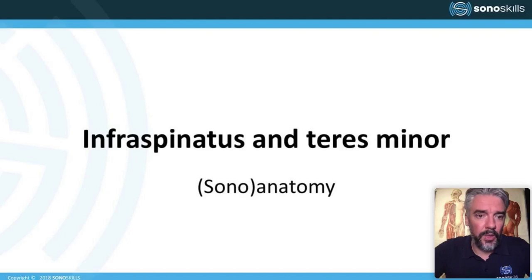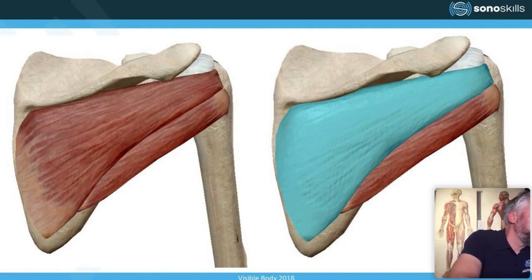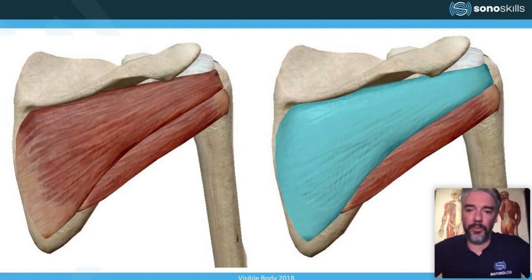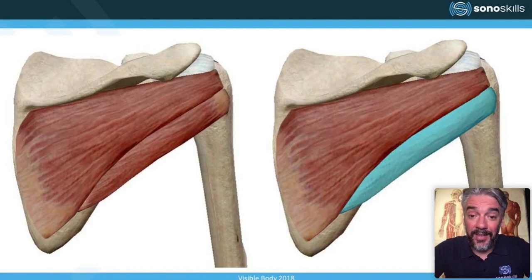Right, so let's look at the infraspinatus and the teres minor. The infraspinatus and teres minor originate from the infraspinous fossa. So this is the infraspinatus, and in blue, this is the teres minor muscle.